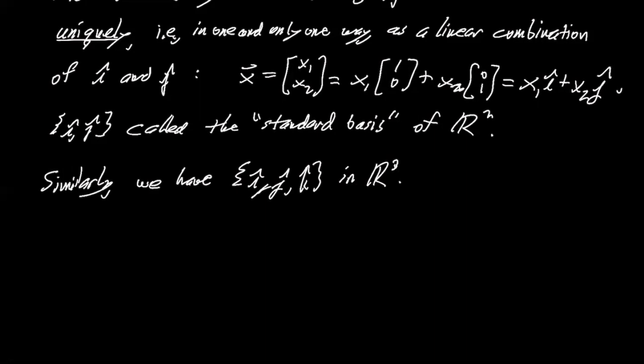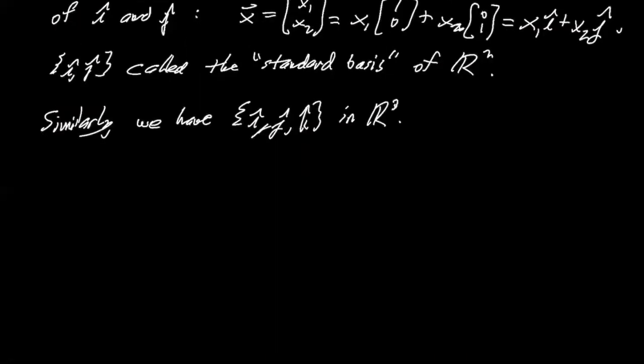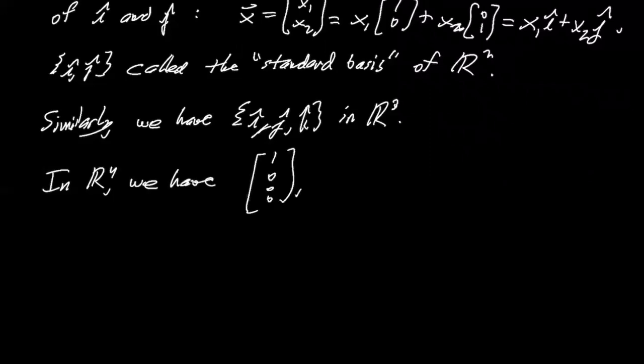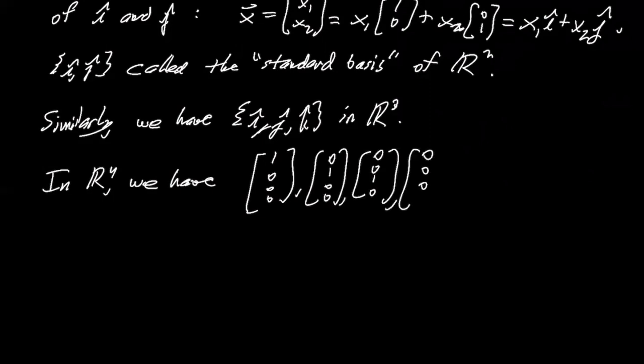But let's think about what would happen in R4. The four vectors would look like this: (1, 0, 0, 0), (0, 1, 0, 0), (0, 0, 1, 0), and (0, 0, 0, 1).